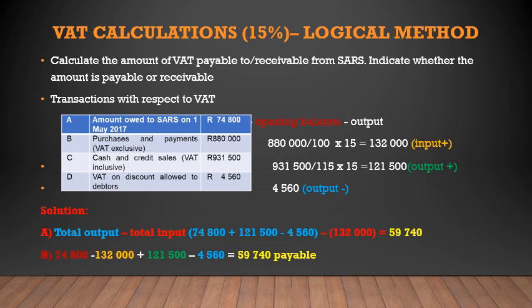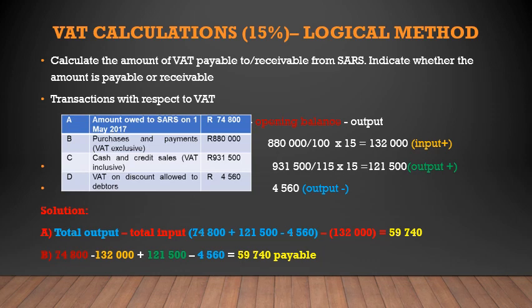Transaction C, cash and credit sales, VAT inclusive, 931,500. Because they are cash and credit sales, VAT on sales, it is output. Then we don't know how much is the VAT. So we are going to say amount given 931,500 divided by what it represents. This is inclusive, divided by 115 multiplied by 15. It will give us 121,500. This is output increasing.